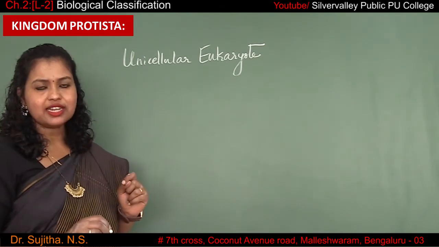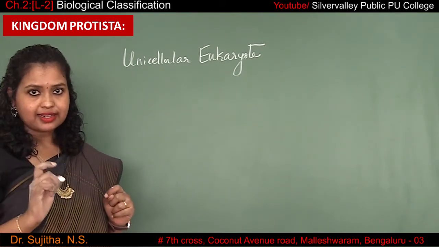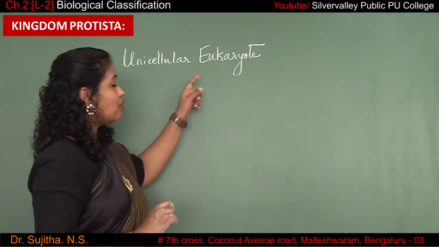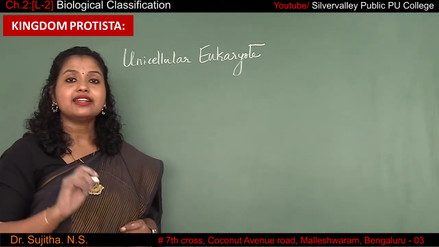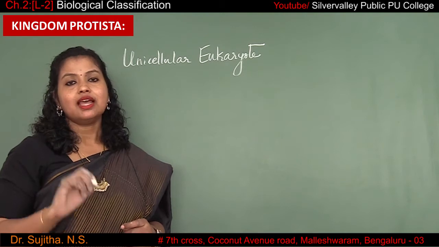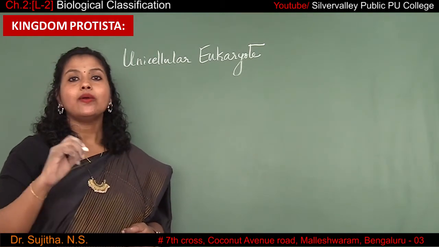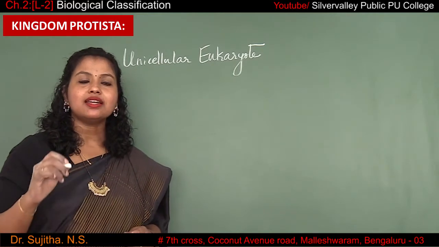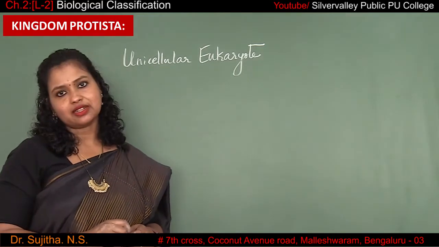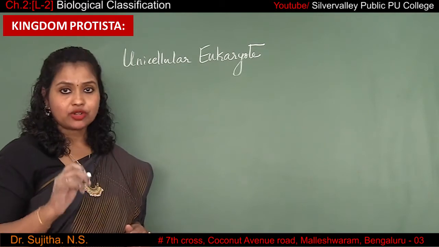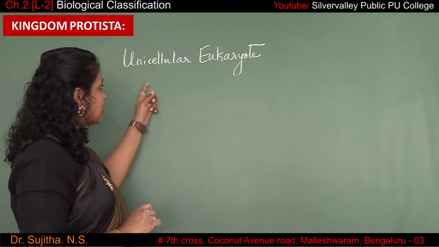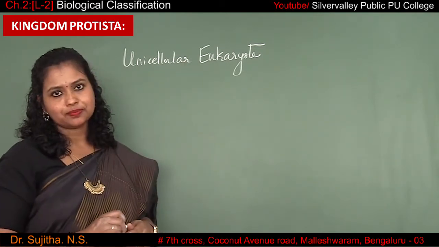Unicellular means obviously it is single celled, and it also has the features of a eukaryote: the nucleus is present, endoplasmic reticulum is present, Golgi apparatus and the other important structures are also present. Therefore, kingdom Protista is called unicellular eukaryote.